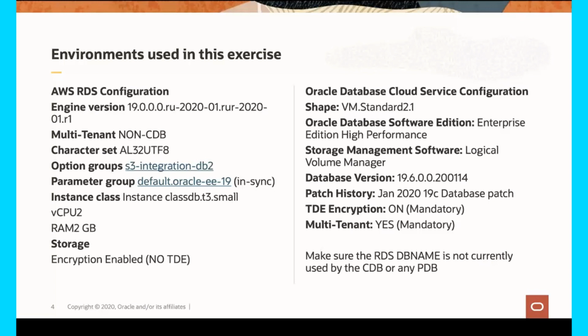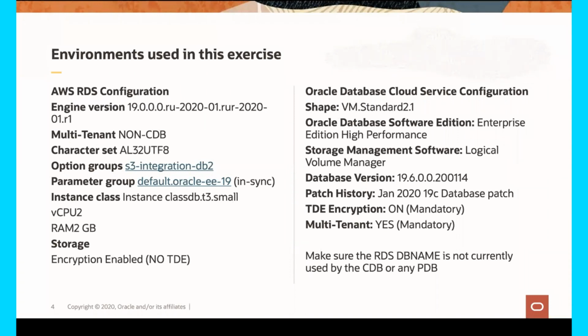So if you create this instance on purpose, meaning, okay, create a new DBCS service instance or a new ExaCS service instance where I'm going to copy my database, then make sure you don't use the same instance name and database name that you had on RDS.